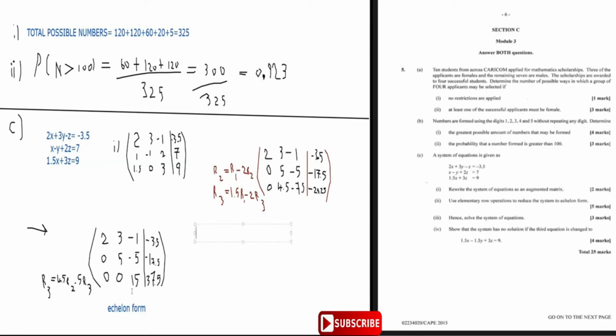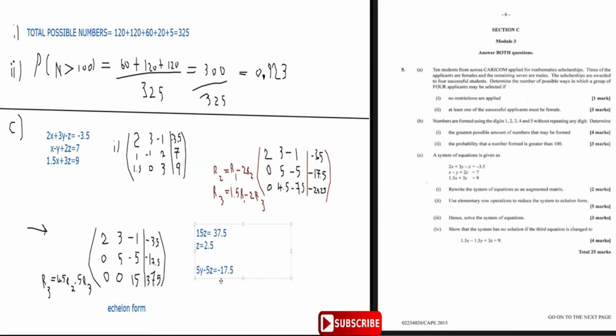Using this, we can see that 15 times z is equal to 37.5. If I divide through by 15, I get z is equal to 37.5 divided by 15, which is 2.5. And if z is 2.5, looking at row 2, I have 5y minus 5z is equal to negative 17.5.